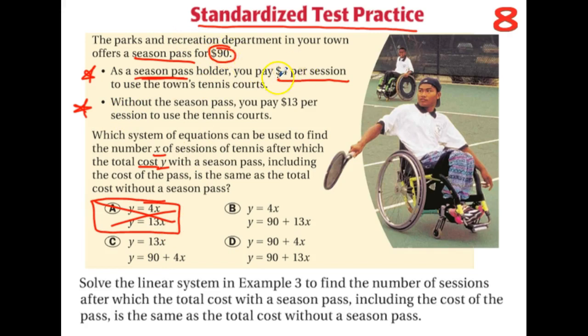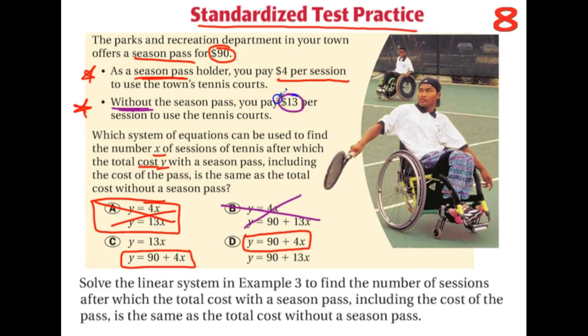So we have to have one that's $4 per session plus the 90. So I see that equation here, $90 plus 4 times per session, and I see that equation here. This one says $90 plus 13, which is combining the wrong one. This one is without the season pass. So we know it can't be B because this one, 90 plus 13, is not correct.